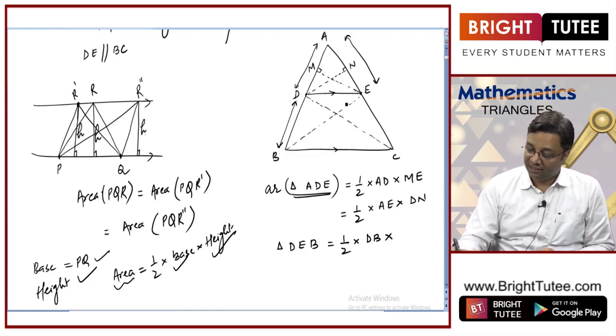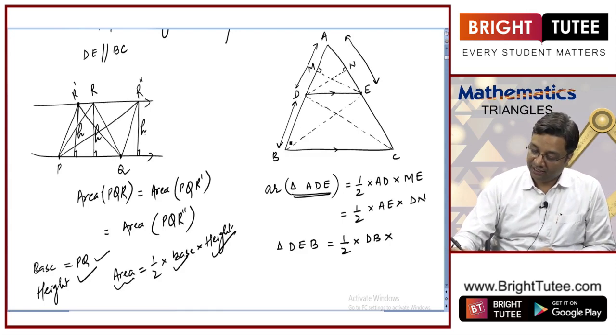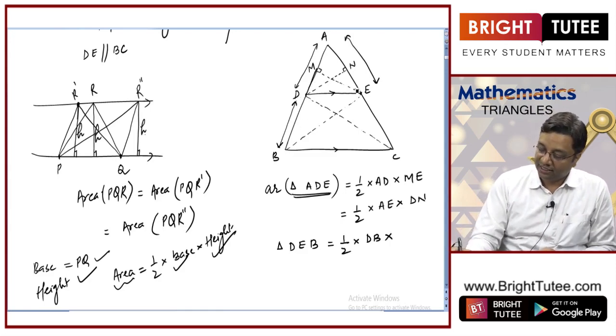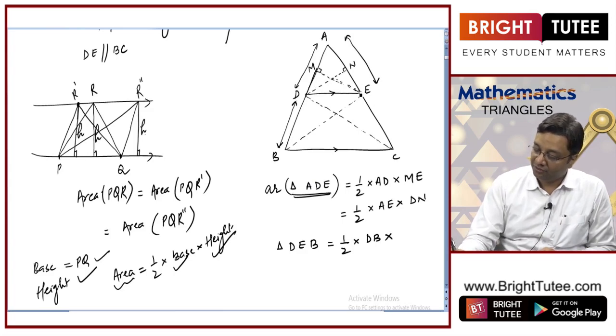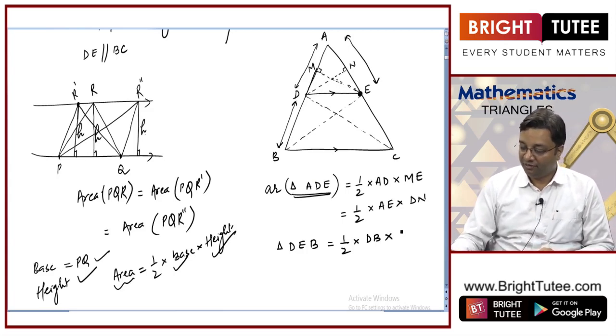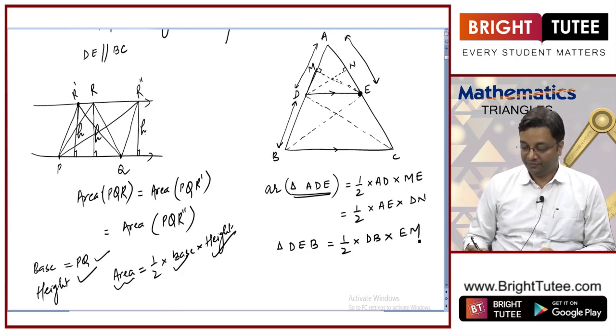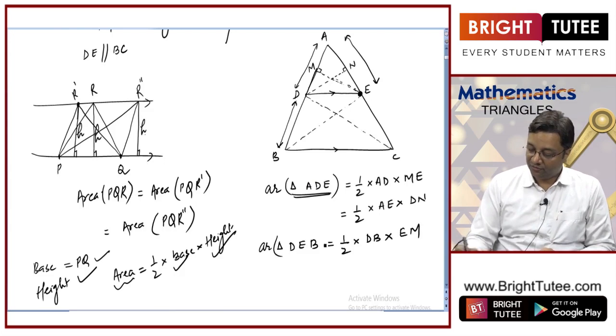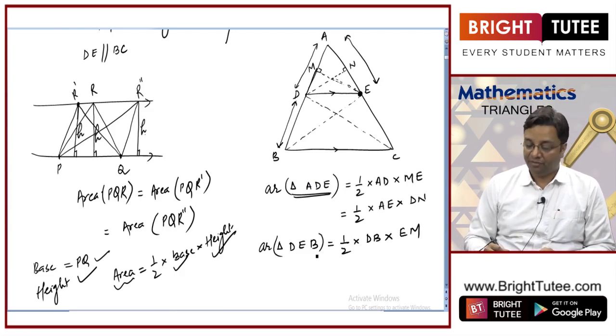Now, in this triangle, the height, if you extend this line BD here, the height is EM, because from this vertex E, if you drop a perpendicular on this side DB, it will be outside the triangle, that is EM will be height for this triangle. So, you will write EM here, right. So, this is about area of triangle DEB.